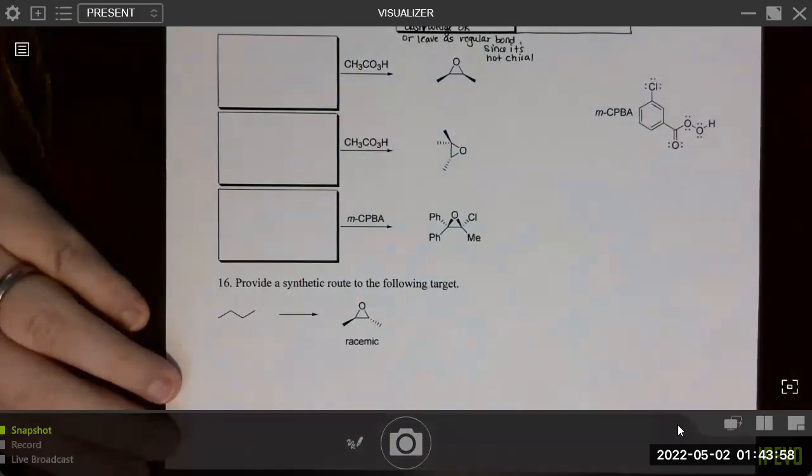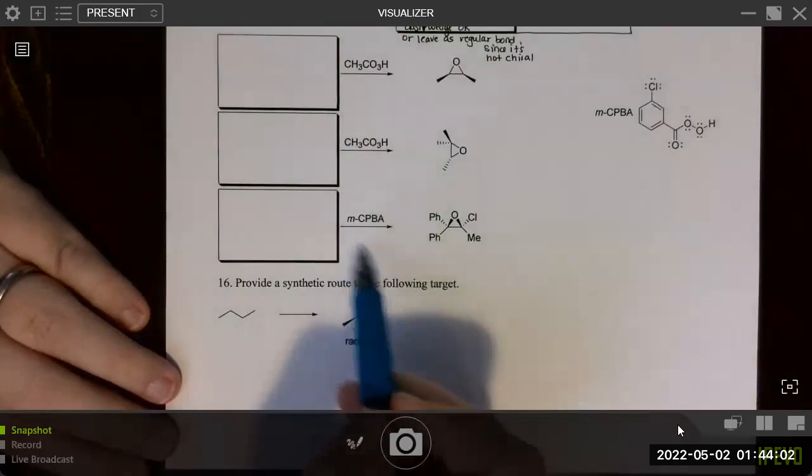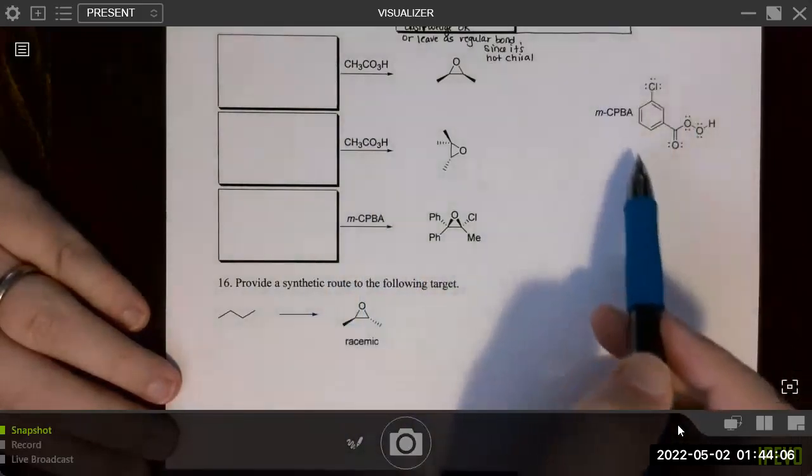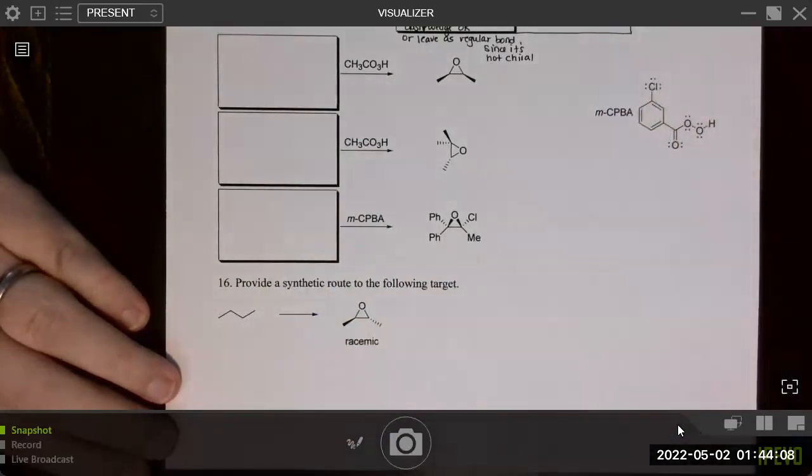So different types of peroxy acids can work. MCPBA is just a very common one because the byproduct, which is meta-chlorobenzoic acid, is solid and it will precipitate out of the dichloromethane, which is the common solvent used in this reaction. So it's easy to remove the byproduct. It has that advantage, which is why it's commonly used.